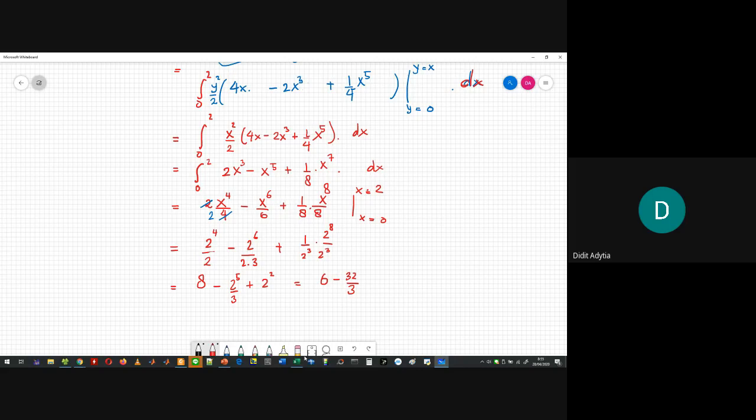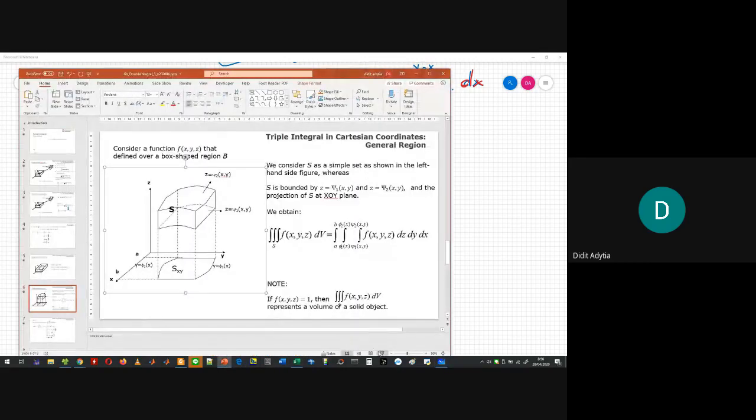Oke. 8 tambah 4. Sama ya? Benar. Oke. Should be correct. This is 8 ditambah 4. Harusnya seperti ini. Okay? Then we look at our presentations.